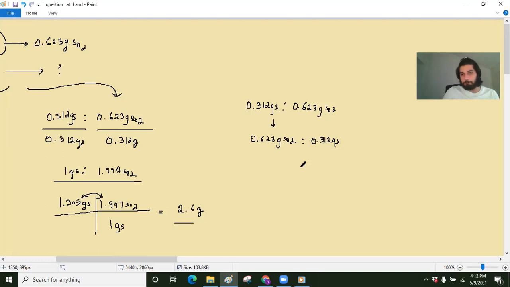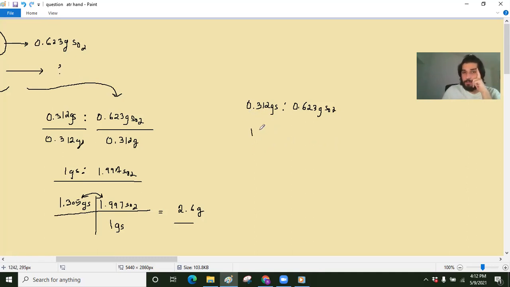What you can then do is have it in terms of one. Let's just work with the previous situation, where it was a little easier to look at. So let's have 1 gram of sulfur. How much sulfur dioxide would that be?